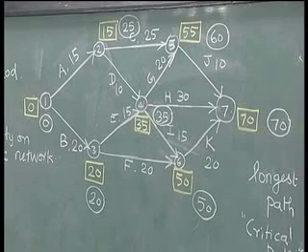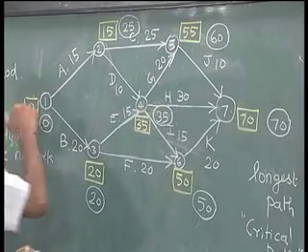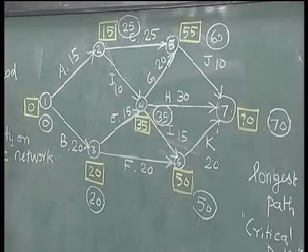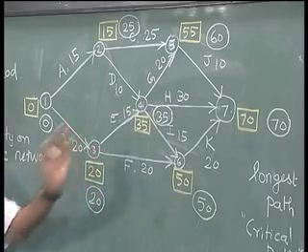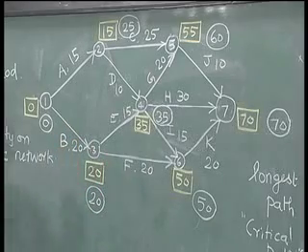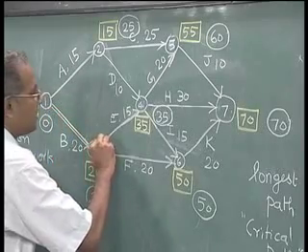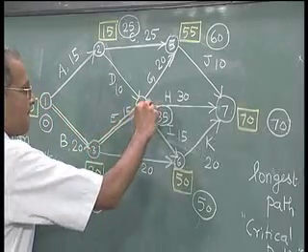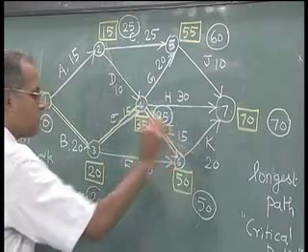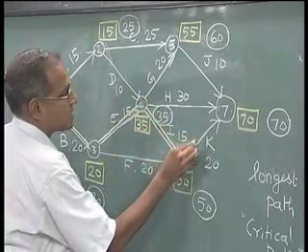We also observe that we are able to get a path that starts from 1 and ends with 7 in this network, such that all the vertices in the path have equal values of the forward pass label and the backward pass label. Such a path, if you see carefully, is the path 1 to 3, 3 to 4, 4 to 6 and 6 to 7.